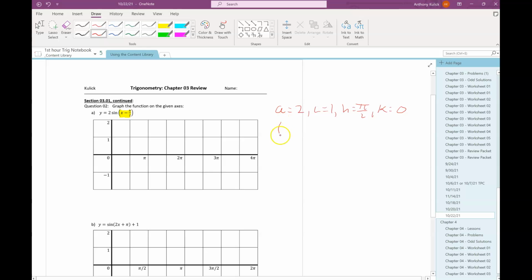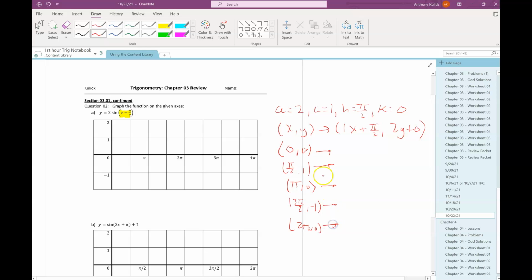And then I'll write my transformation map. So that's going to be CX plus H, AY plus K. And then I'll go to my key points for sine. We'll plug the X into the X spot and the Y into the Y spot.